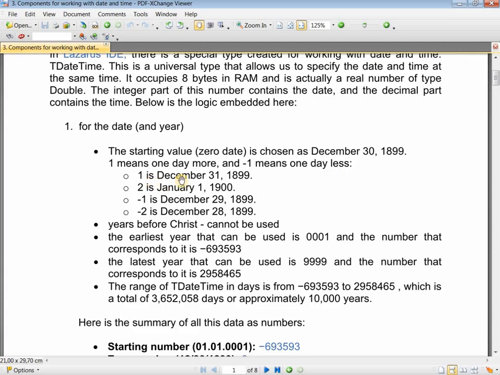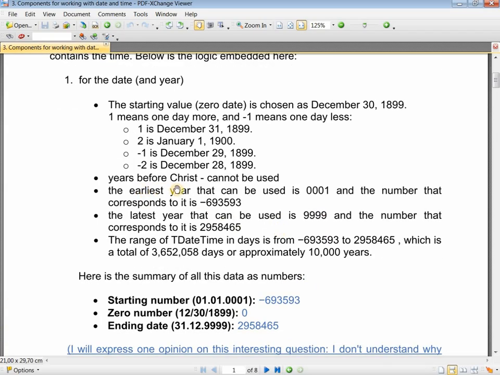For example, 1 is December 31st, 1899. 2 is January 1st, 1900. -1 is December 29th, 1899, and -2 is December 28th, 1899.